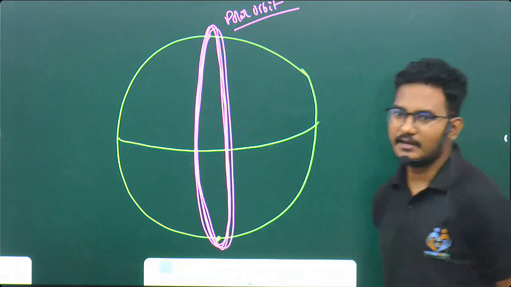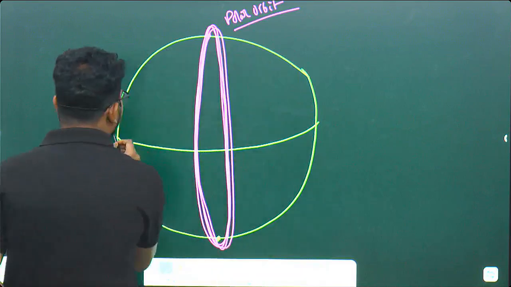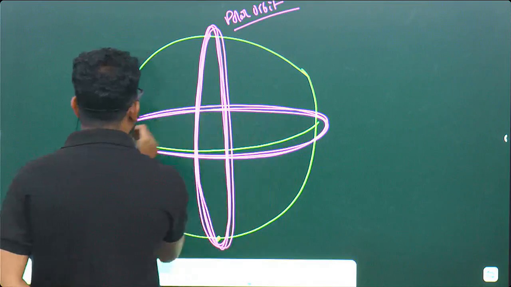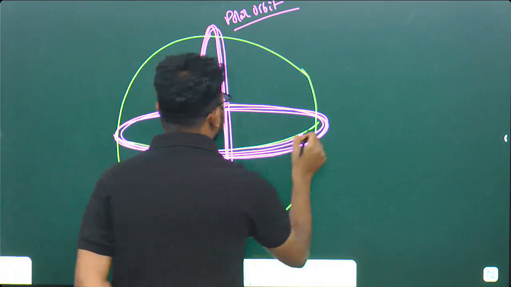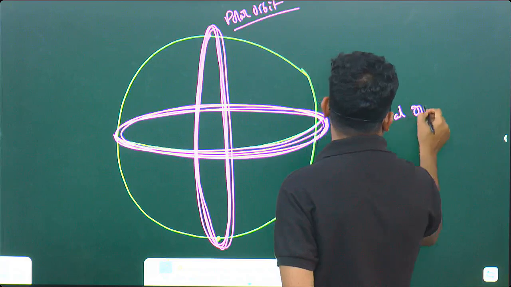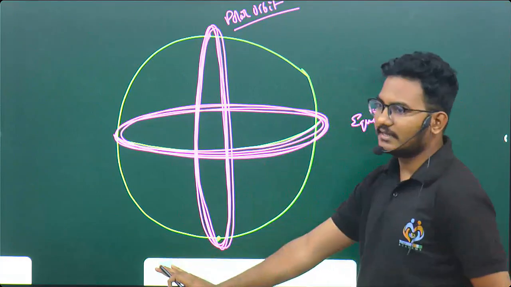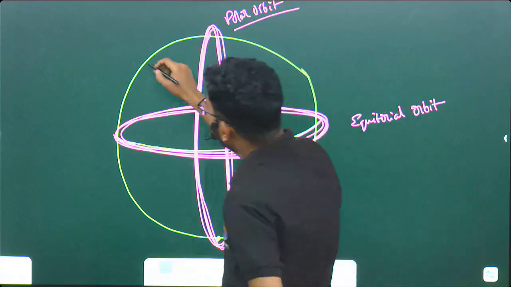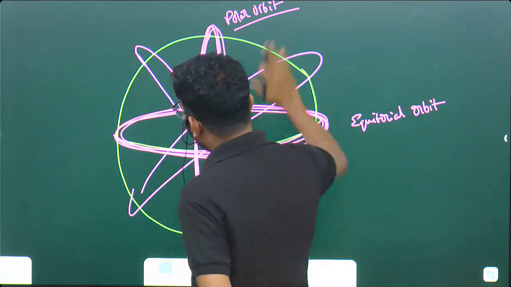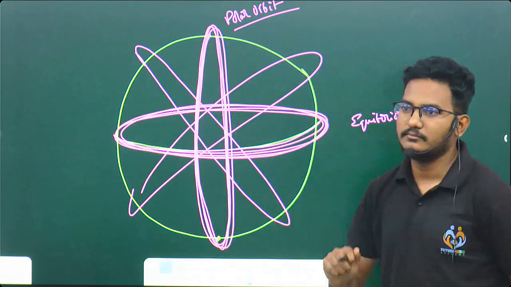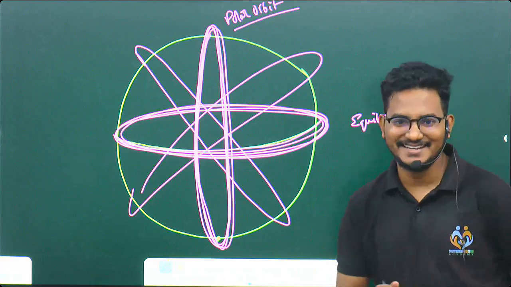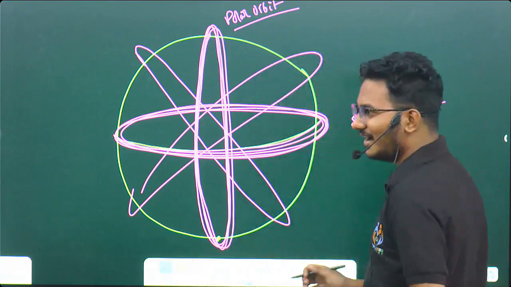If I send a satellite covering the equatorial region, the equator, then it is called an equatorial orbit. And if I send a satellite covering somewhere between the poles and the equator, then it is called inclined or transitional.